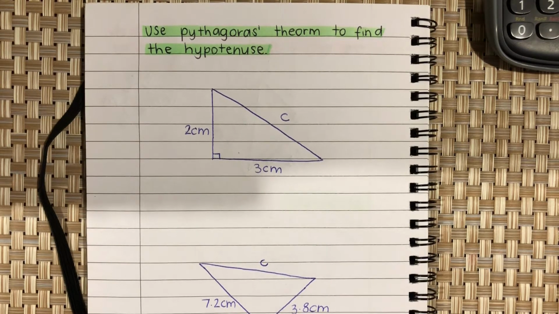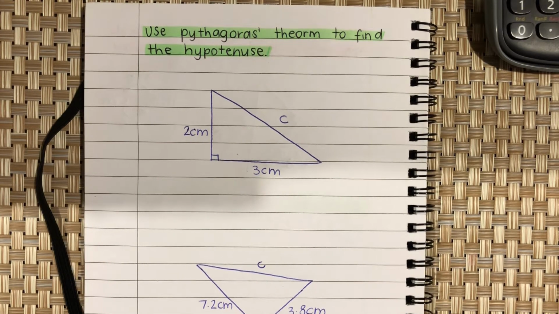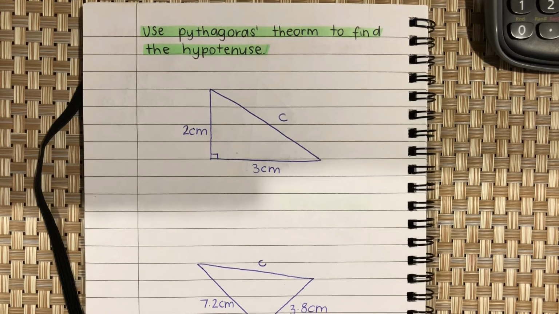Okay, in this video, I'm going to be showing you how to use Pythagoras' theorem to find the hypotenuse in a right-angled triangle. So if you missed my mini introduction on Pythagoras' theorem and how it applies to triangles, you can go watch my other video where I calculate side lengths of a right-angled triangle.